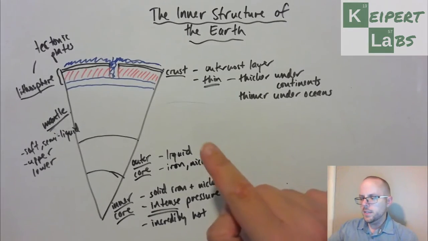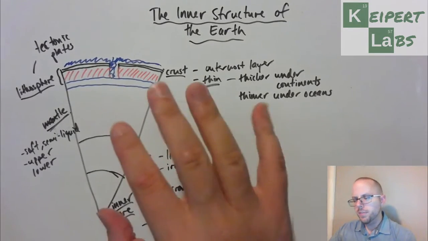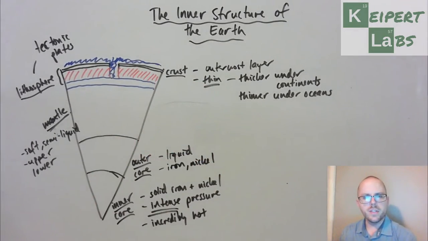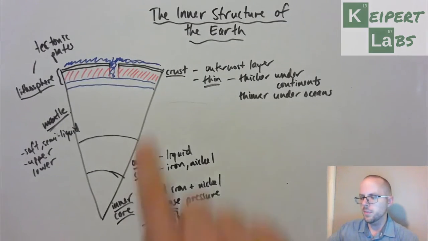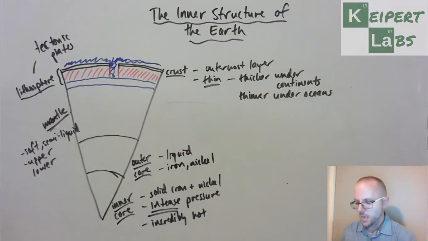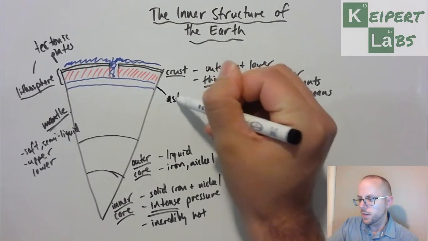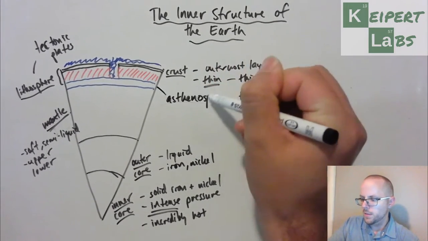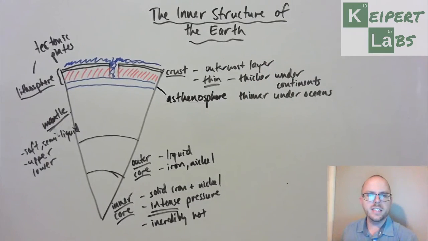But we can recognize that they're floating, or sliding, on this soft bit underneath, which is the bit I've labeled in blue. And that bit down here is what we call the asthenosphere. It's a difficult word to say quickly.